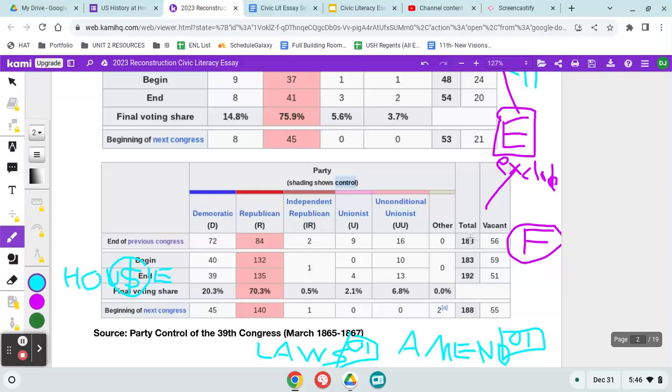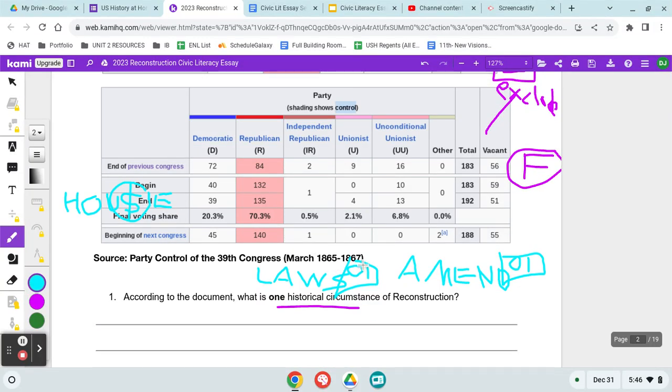Many of these vacant seats are going to be filled later on, post 1868, according to document 0, and therefore this Republican majority in Congress is going to weaken. I would be able to make this analytical inference.